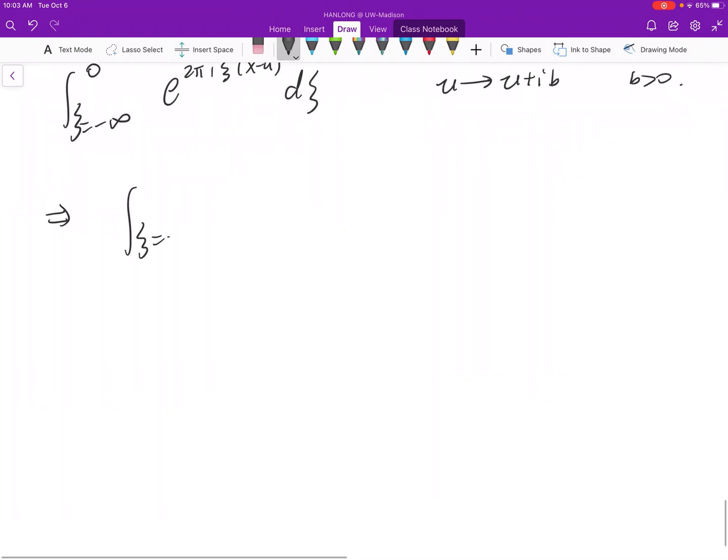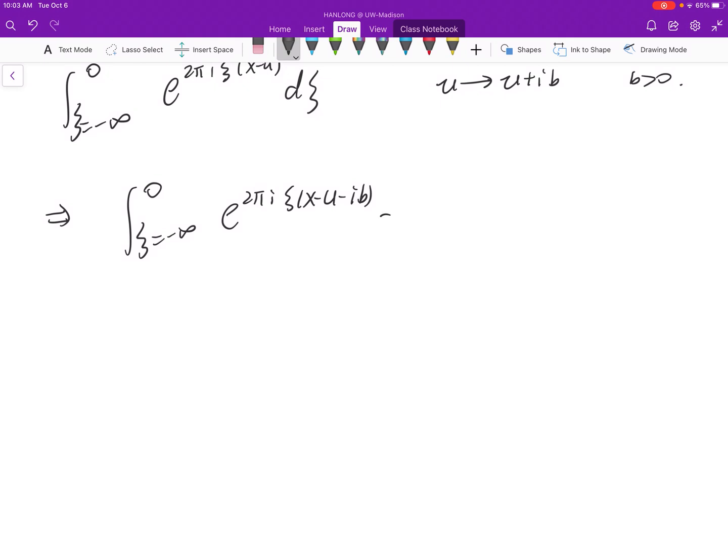Then what do you have? So assume we have the contour integral, then if we shift a little bit, the integral should be the same.